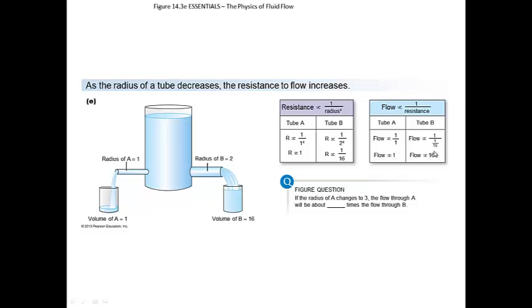So again, we've doubled the radius of this piece of tubing, but we've increased the flow by a factor of 16. So the radius is going to have a tremendous effect on the resistance. It is also then going to have a tremendous effect on the flow.